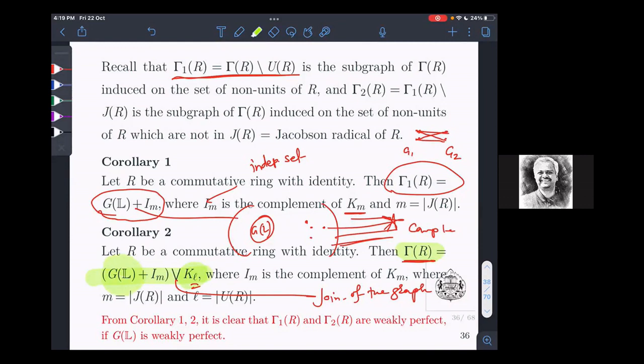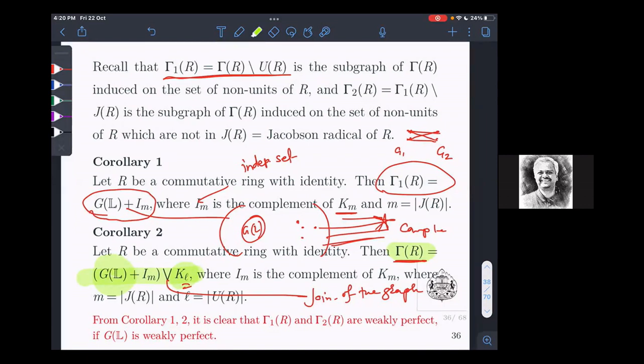That means if GL is weakly perfect, my job is already done. So the problem of weakly perfectness of the co-maximal graph reduces to weakly perfectness of the zero divisor graph of a lattice L. And in fact, it is already known that the zero divisor graph of partially ordered sets, not only lattices, is weakly perfect. Because of that, I can get back to gamma R and say that it is weakly perfect.